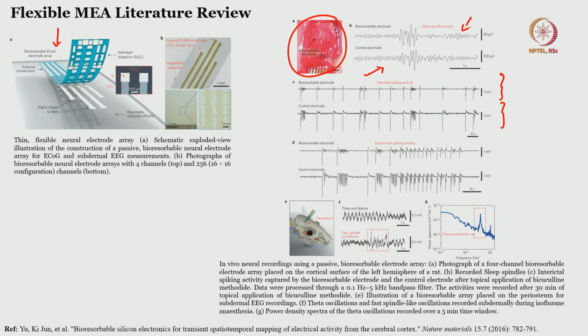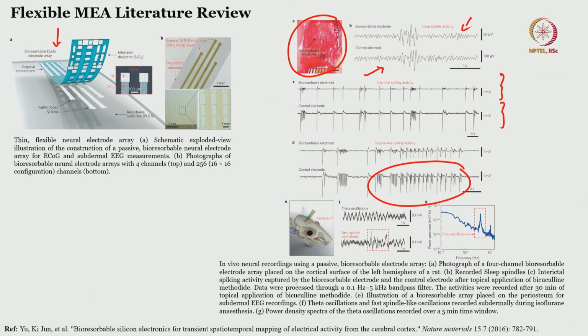Same thing when there is a seizure, like spiking activities. How does it look compared to the control electrode? Can you understand the fast spikes, the oscillations, what the theta bursts are, and whether there are any theta bursts? Like I said, we can divide these signals into several frequency bands.